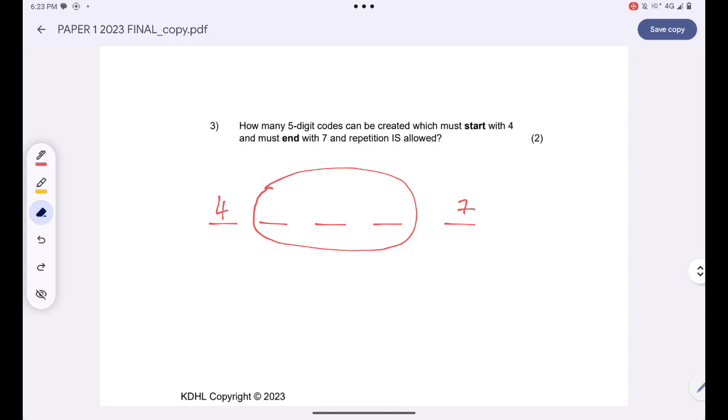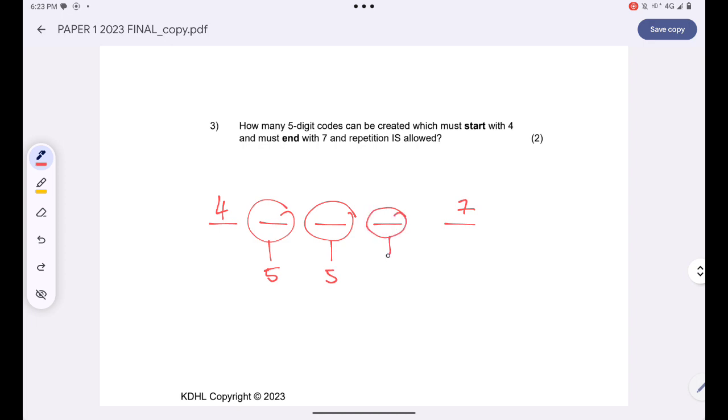For this spot, you have 5 choices to choose from. Over here, you still have 5 choices, and over there, you still have 5 choices. So the total number of choices is just going to multiply, and the answer will be 125.